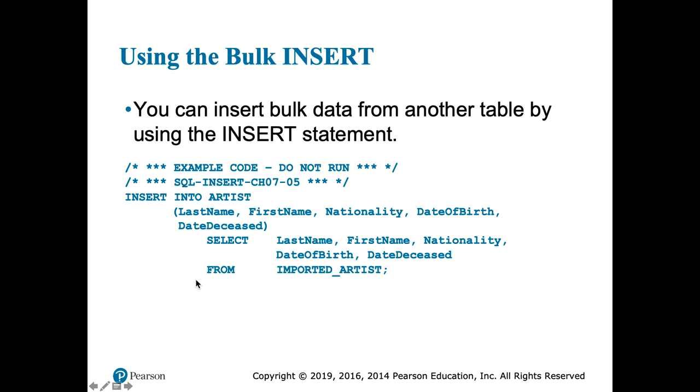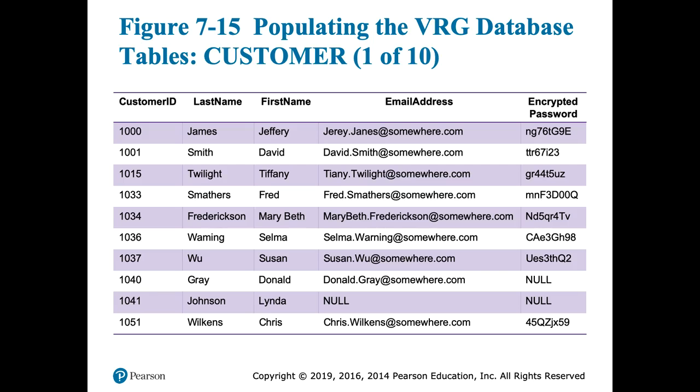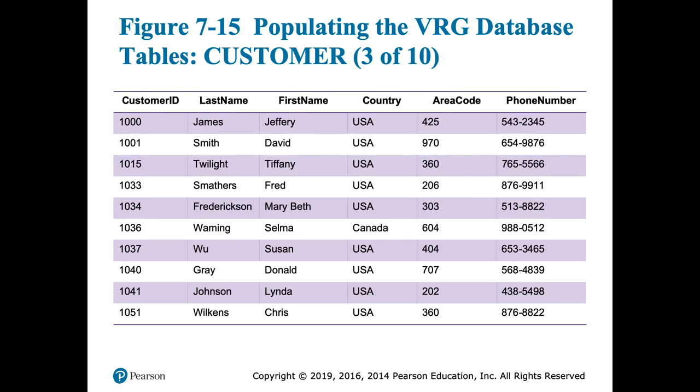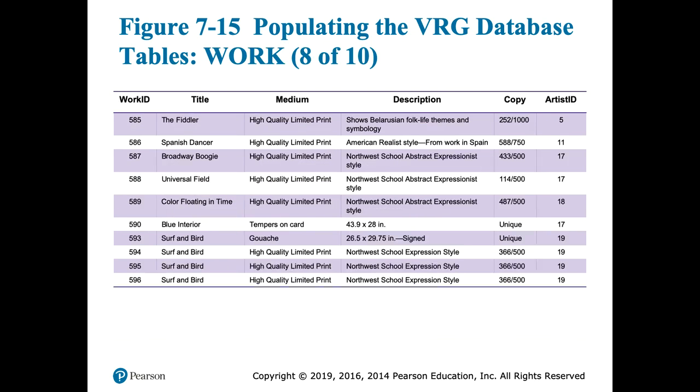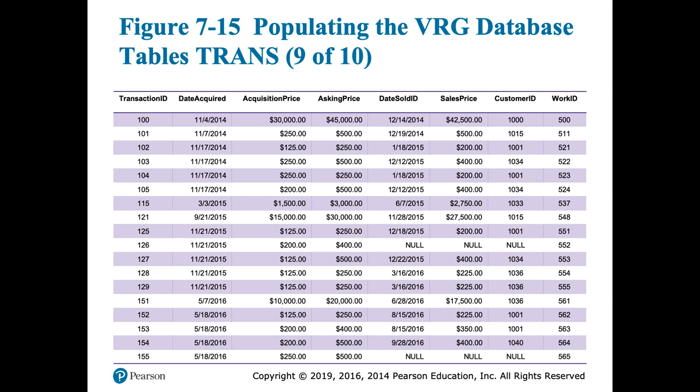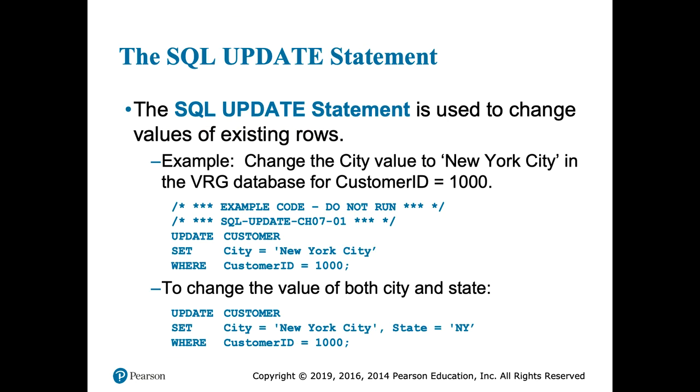You can create a bulk insert statement here, so you can become more efficient in data manipulation. So these are the basic data showing up in the database example from the Valley Ridge Gallery example.